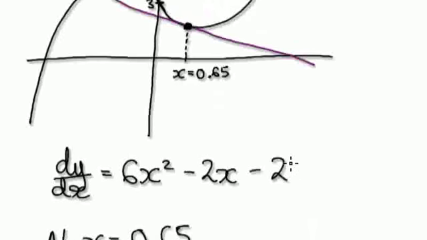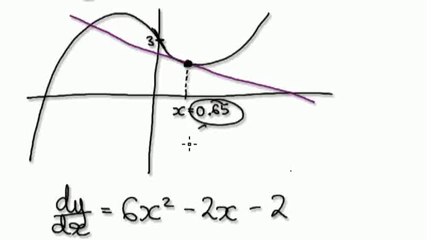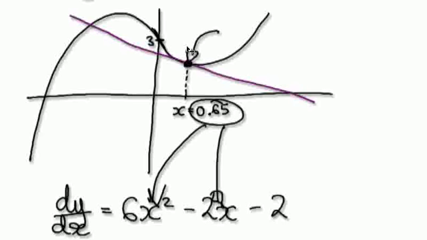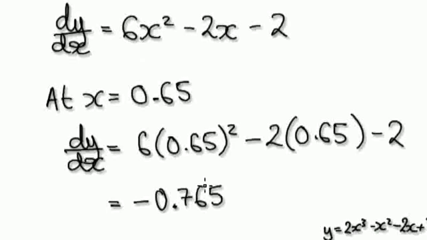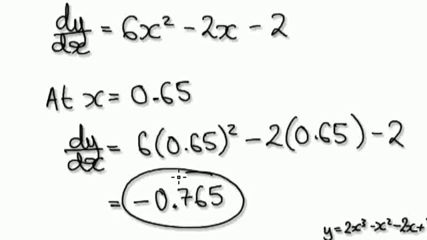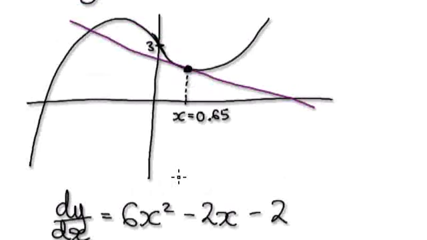So it's basically you putting this into here and into here, just so that you can find out the gradient at this point here. So now, going back to the straight line, you now have the gradient at this point. The only thing that you need to know is this precise point here.